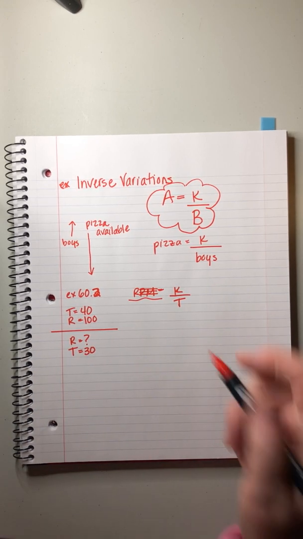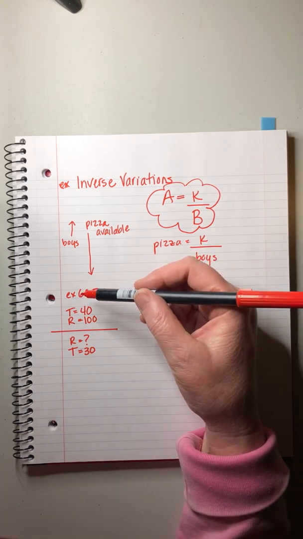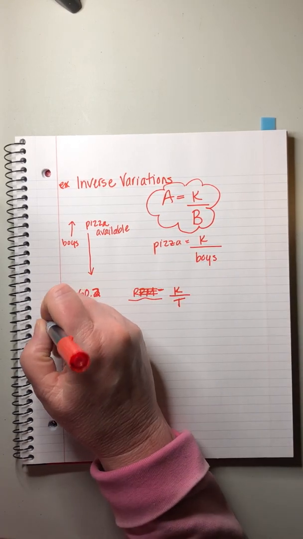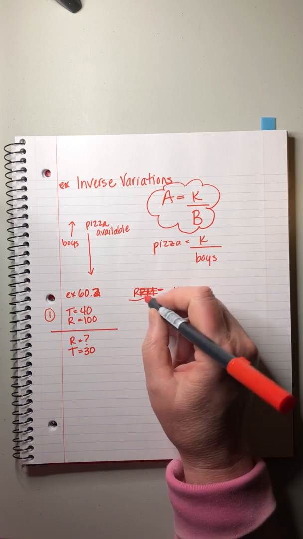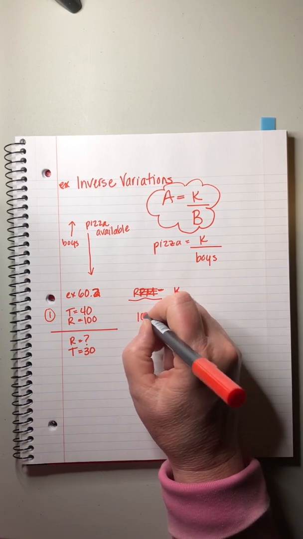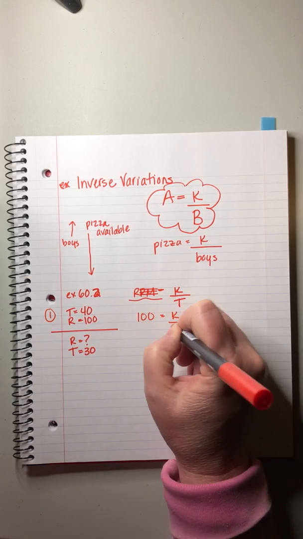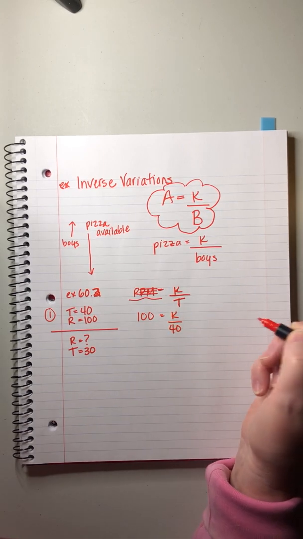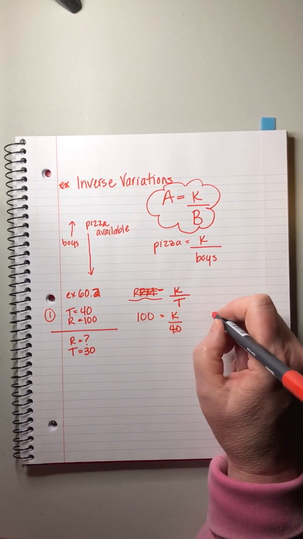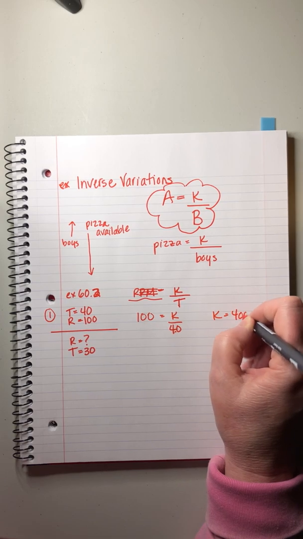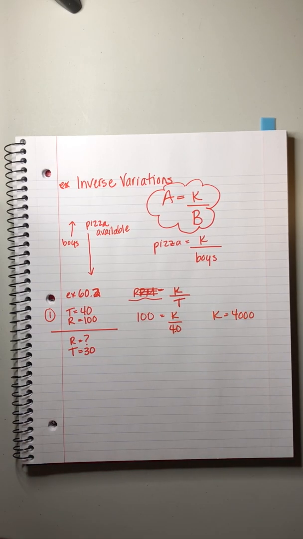So we do it exactly the same way we did the other one. We use the first scenario to solve for k using this. So 100 equals k over 40. We cross multiply and we get k equals 4,000. Okay.